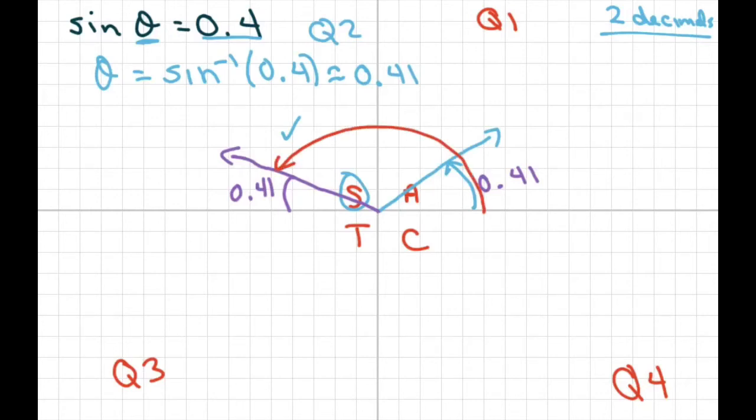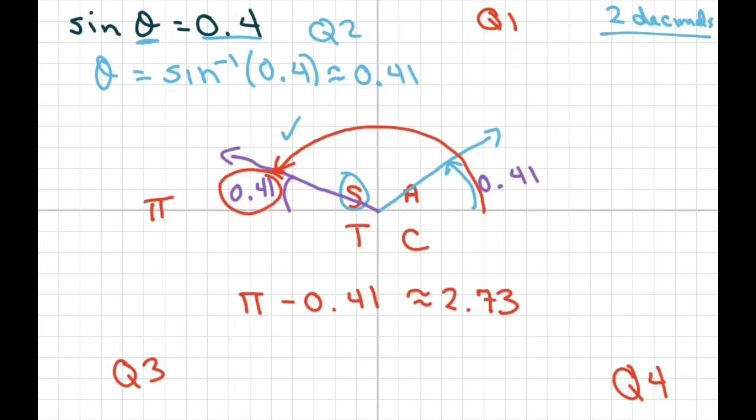So to get this whole angle here up to this point, we're just going to take pi, because this is pi, and we're going to subtract 0.41. So you get pi minus 0.41, and that gives you approximately 2.73. So this whole angle here would be approximately 2.73.